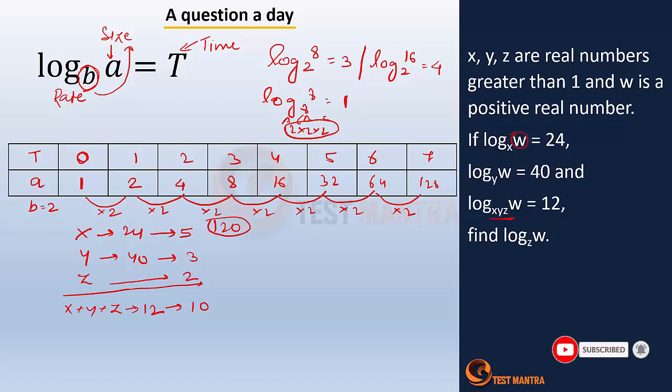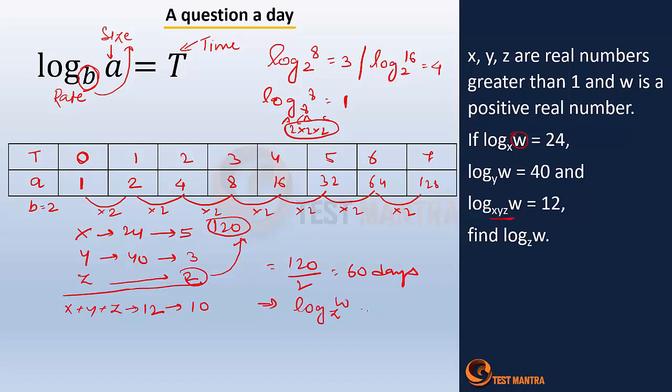So now according to this, z has to finish 120 units if working alone. So if z is working alone, this person will be able to finish the job in 60 days. That in terms of log will reflect log w to the base z equal to 60.